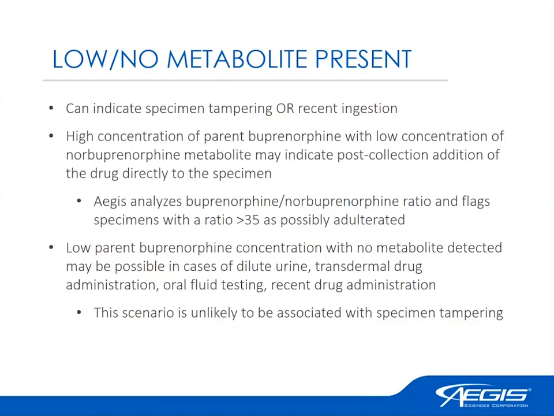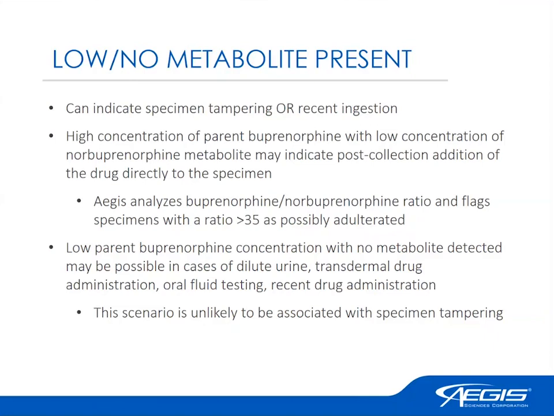When the urine is dilute, for example, this can bring down the drug concentration, and depending on how low that parent drug concentration is, the metabolite concentration could fall below the reporting threshold. As we discussed previously, transdermal drug administration also results in low drug concentrations in urine and possibly negative metabolite results.